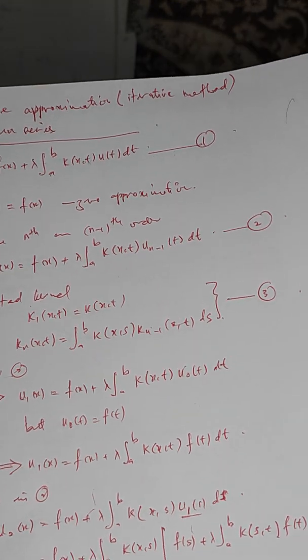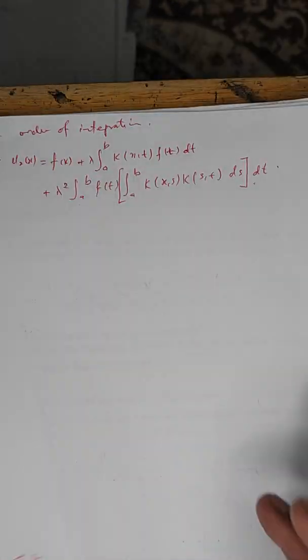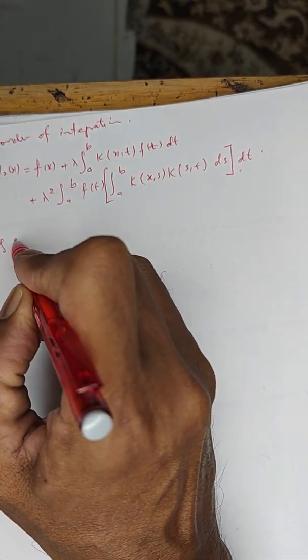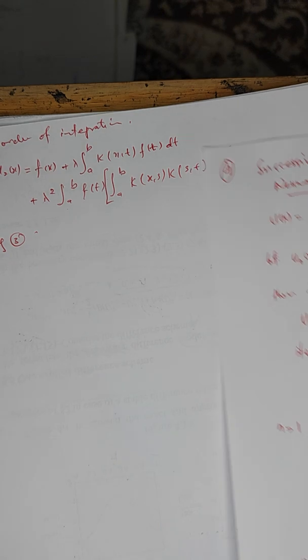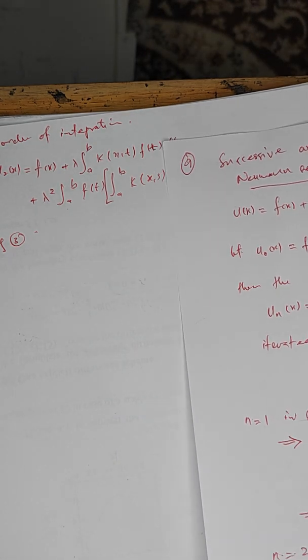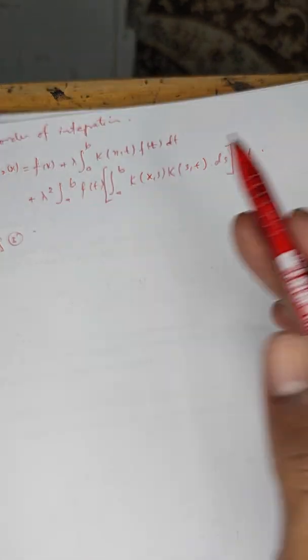Now we use the relation we obtained earlier, the iterated kernel, using equation 3.